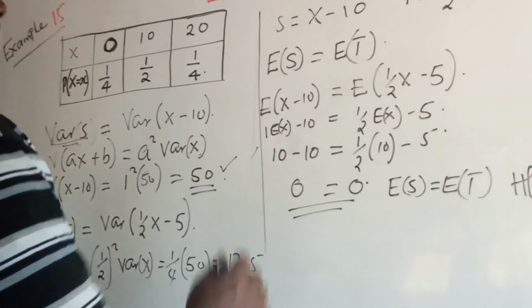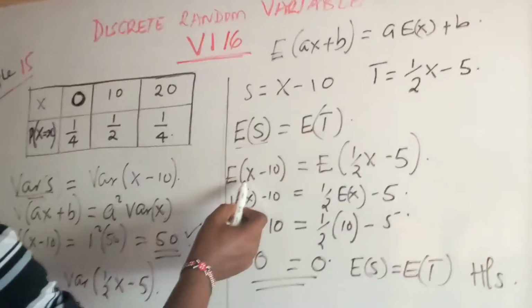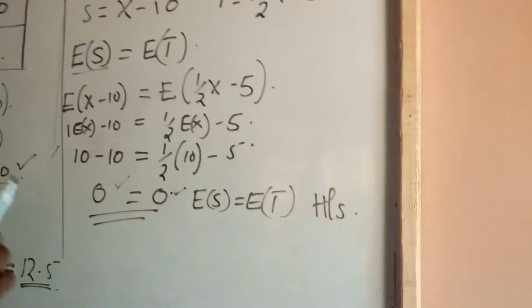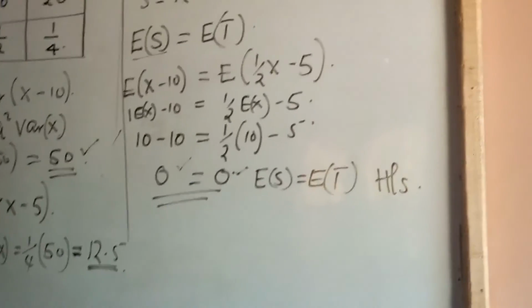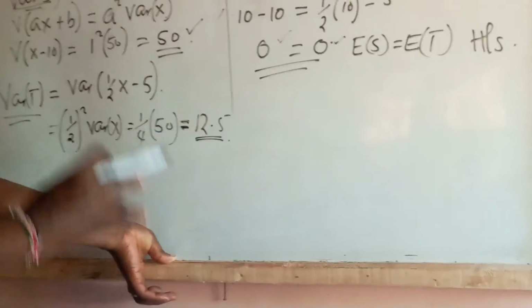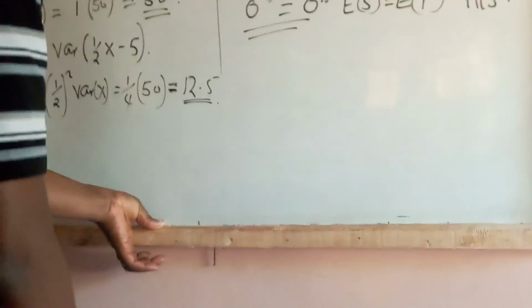Because we can see the expected value of S, which is the expected value of X, which is 0, and the expected value of T, which is 0, we can say that both of their scores should be approximately 0.